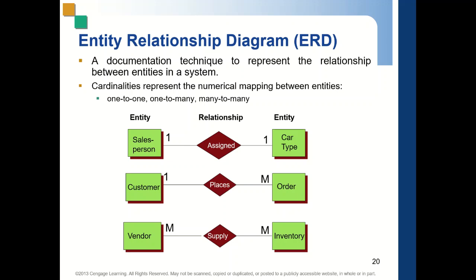Perhaps over a period of 3 months, for instance, a customer may place 200 orders. So one customer places many orders. So we're reading this association, this relationship, moving from the left to the right: a customer can place many orders.